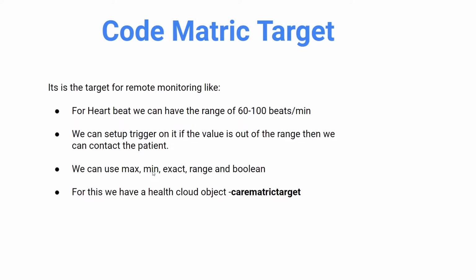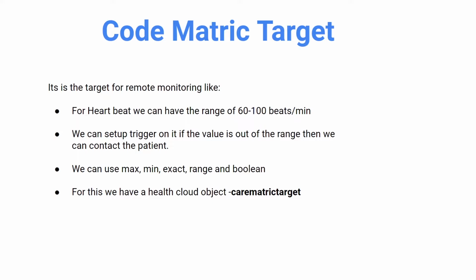We can use max, min, exact, range, and boolean. Max, like if a person crosses a weight of 80 kgs, then we need to contact him that his weight is increasing rapidly. For minimum, like if a person is losing weight. Exact, like if a person is not at the same level.